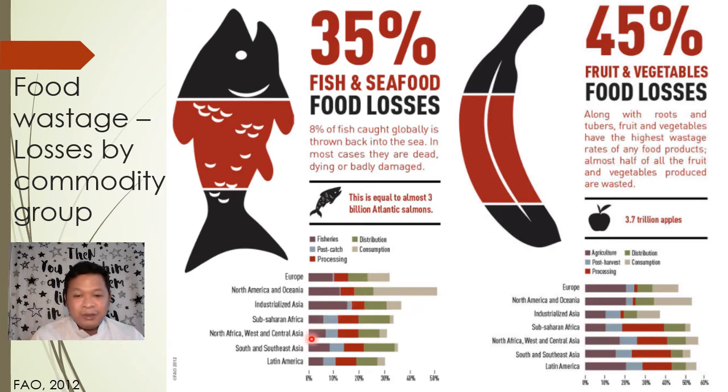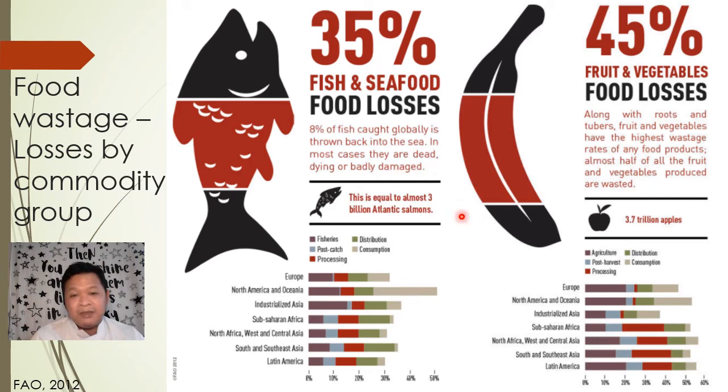And as usual, curiously for developing countries like ours, it's mostly in the distribution since minsan 'di ba nasa palengke ka ni hindi man nga lang nakayelo yung mga isda or something or nakayelo man pero hindi naman talaga yung temperature controlled, so they have to throw it away even before it gets sold sometimes.